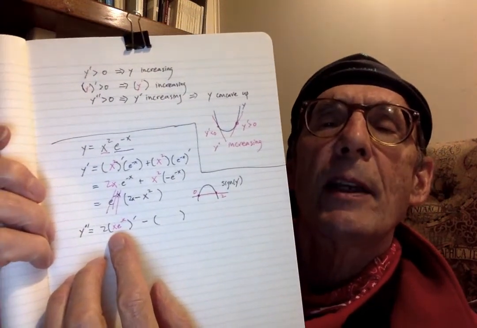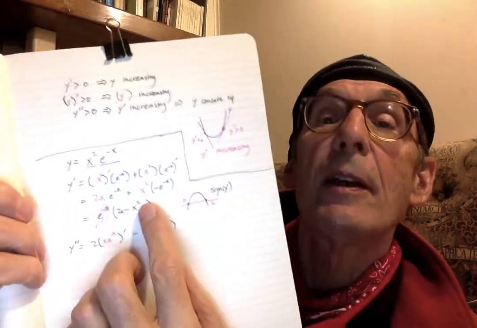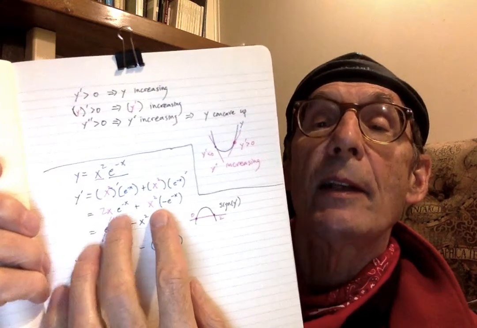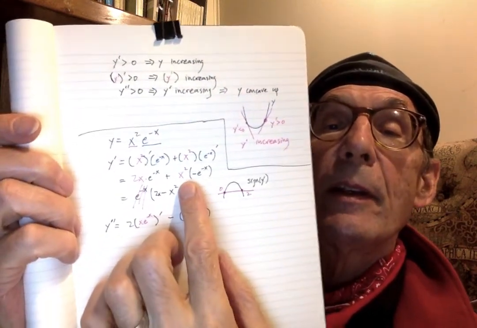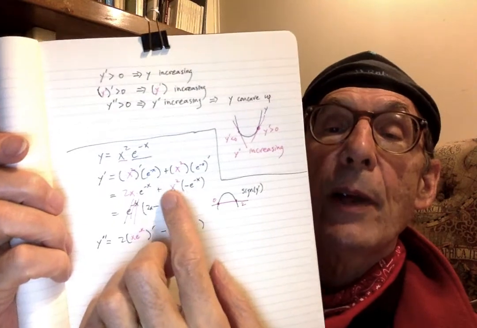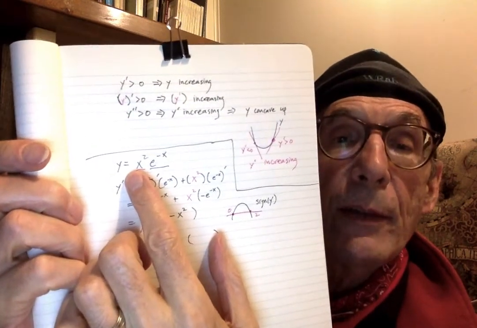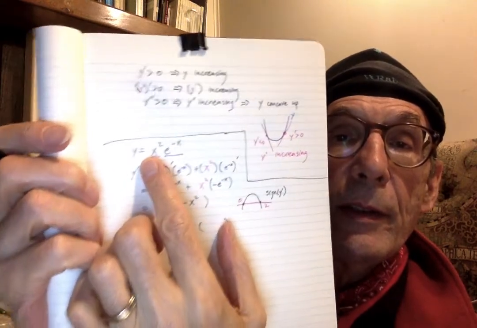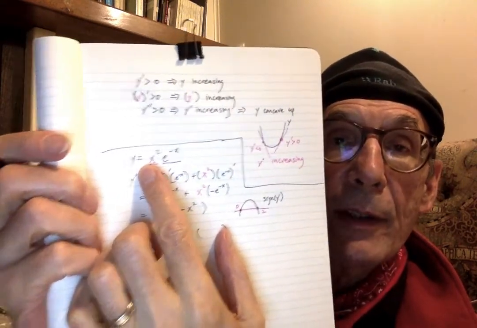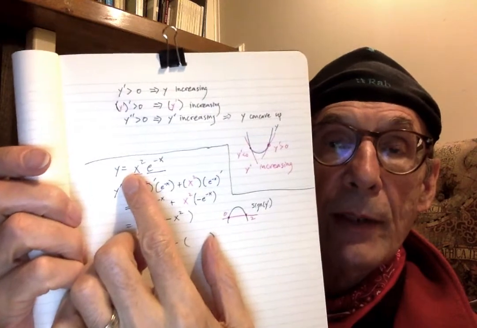But now comes the second piece of important insight. The second term here is a negative x squared e to the minus x. Well, you know what? We already did that derivative. This is the recognizing the pattern part that comes when you don't simplify things too much.